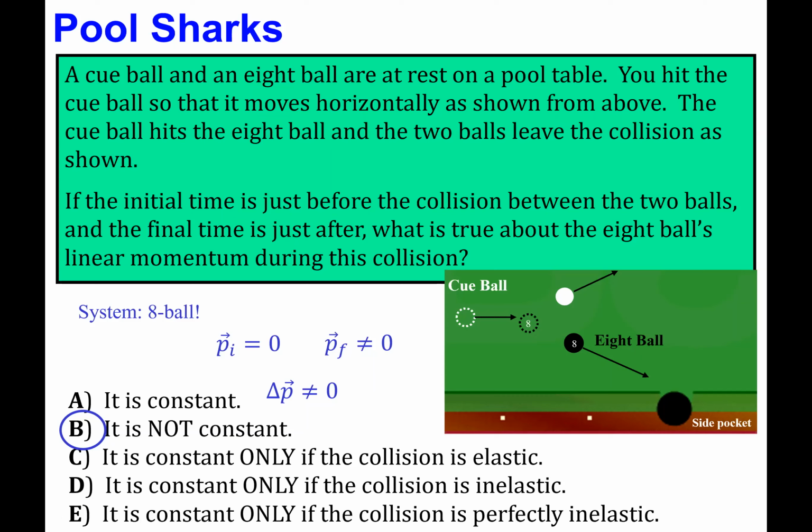That last term, of course, refers to what happens to kinetic energy during the collision. And D as well. And E says it's constant only if the collision is perfectly inelastic. So again, we're trying to link up in these questions the condition on constancy of momentum with what happens to kinetic energy during the collision, and those two things are separate.